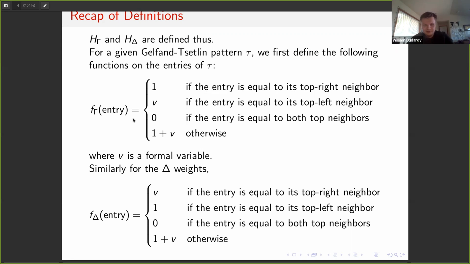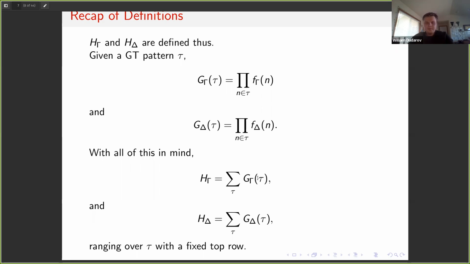Similarly for delta weights: take an entry, v if top right, 1 if top left, 0 if both, 1 plus v otherwise. You take the whole Gelfand-Tsetlin pattern tau, and for every entry you multiply up these f gamma, f delta, and you get these statistics g gamma, g delta.